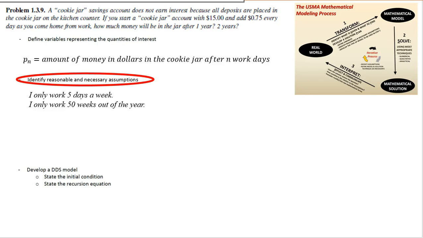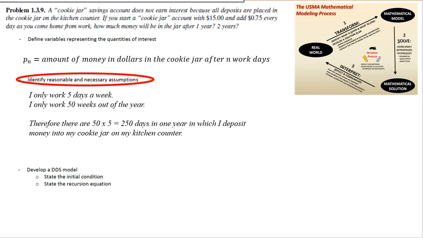Based on these two assumptions, I can make an assumption on the number of days that I actually work in 1 year. 50 times 5 gives me 250 days in 1 work year in which I deposit money into my cookie jar account on my kitchen counter. This assumption is both necessary and reasonable.